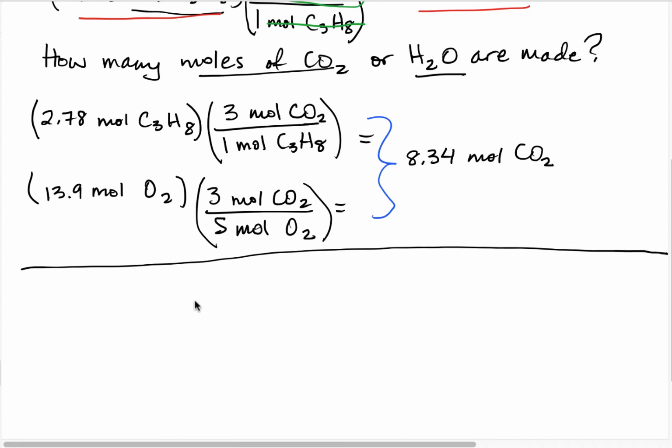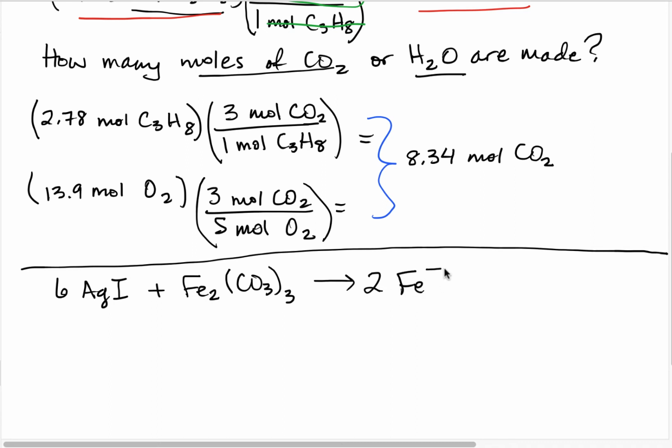Okay, the next balanced chemical equation we'll look at is another one just for variety. Let's imagine that we've got 6 equivalents of AgI reacting with Fe2CO3, iron carbonate, to make 2 moles of iron iodide and 3 moles of Ag2CO3.